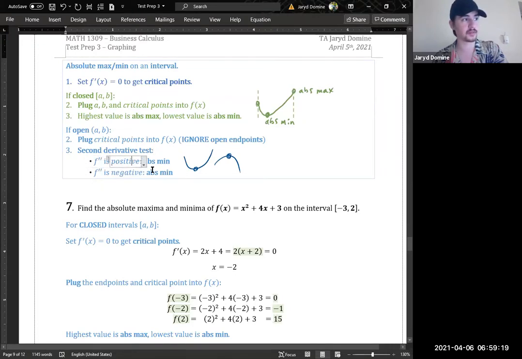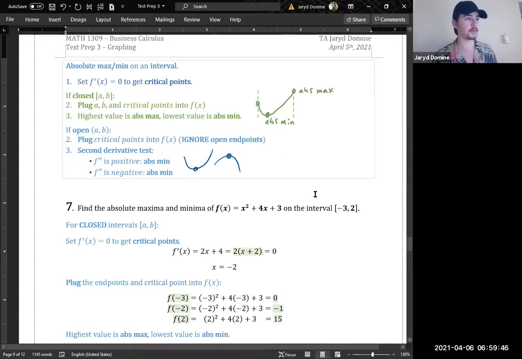So if the second derivative is positive, that means it's curving upwards. You're looking at a minimum. And if the second derivative is negative, which means it's curving downwards, you're looking at a maximum. So again, it's like a valley and the top of a mountain. Right, so that's how you determine it. That's called the second derivative test. So you just look at the sign of the second derivative. Positive means a minimum, and negative means a maximum.